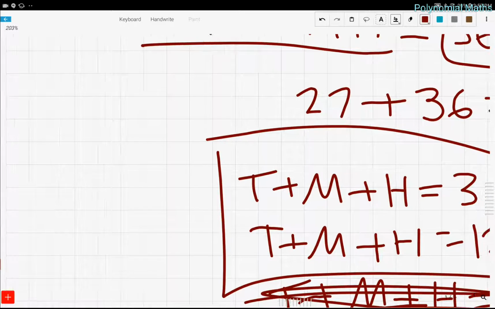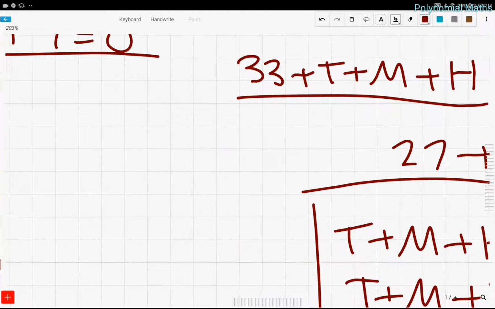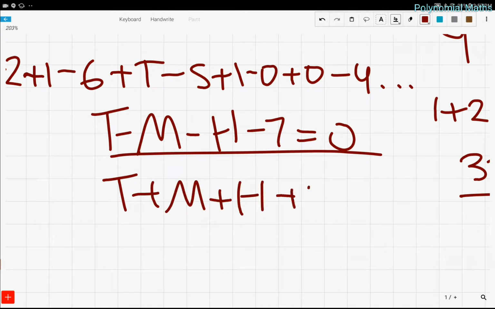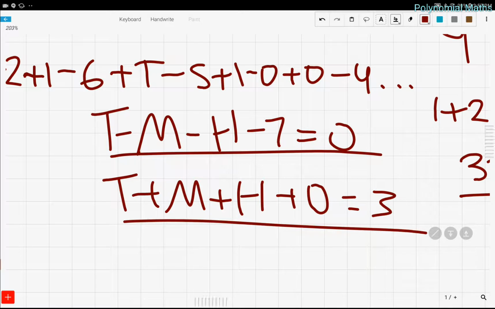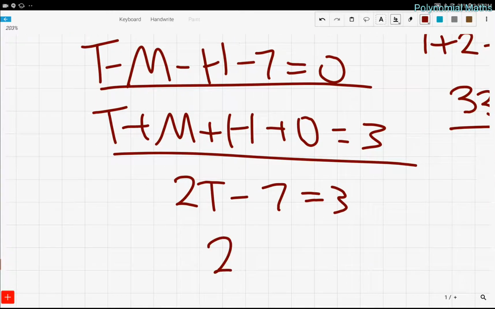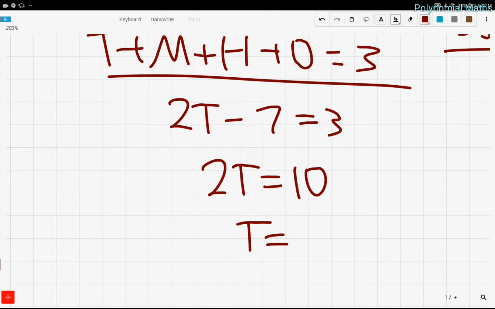First, let's try T plus M plus H equals 3. We can add these 2 equations together: T plus M plus H plus 0 equals 3. This gives us 2T minus 7 equals 3. Solving for T, we have 2T equals 10, and we're left with T equals 5.